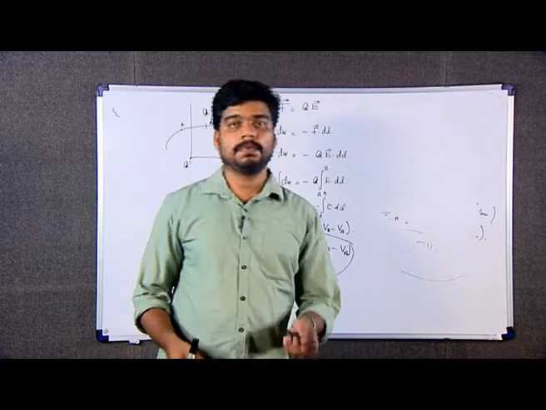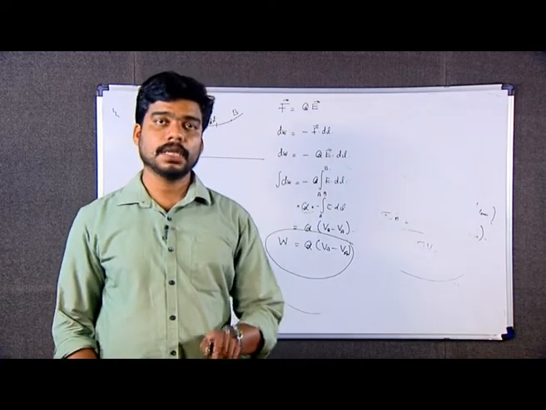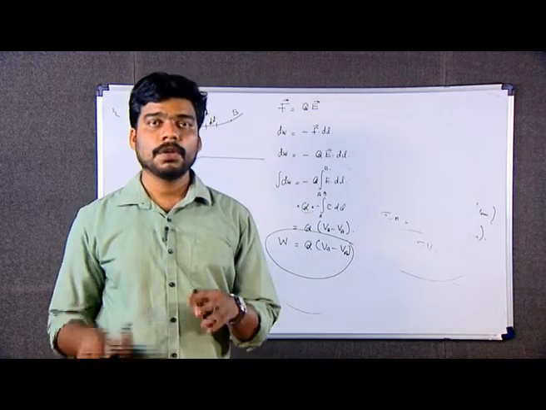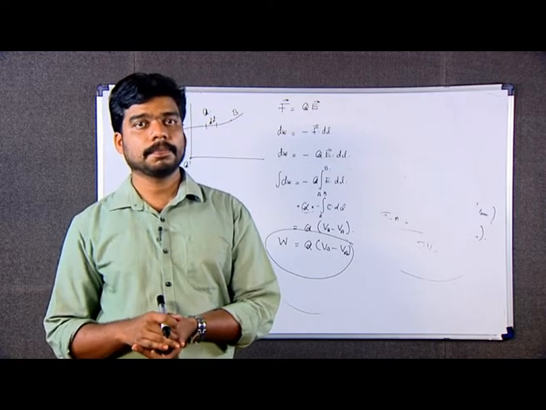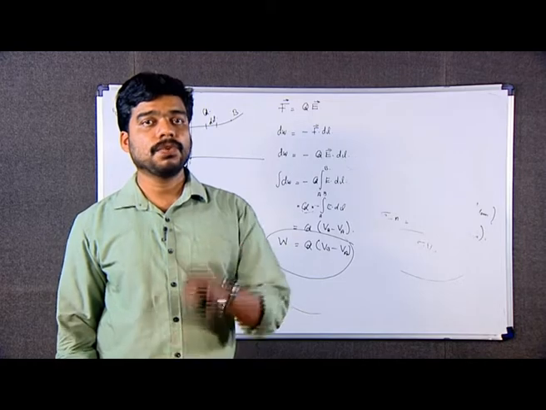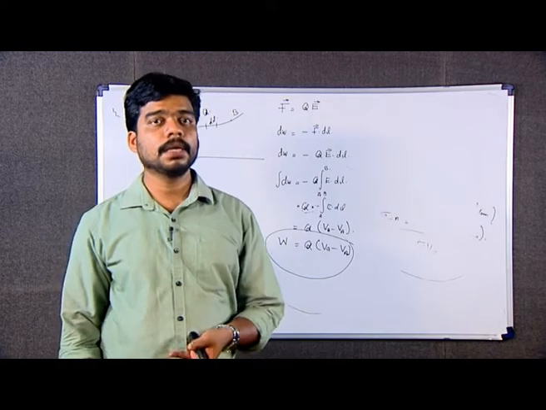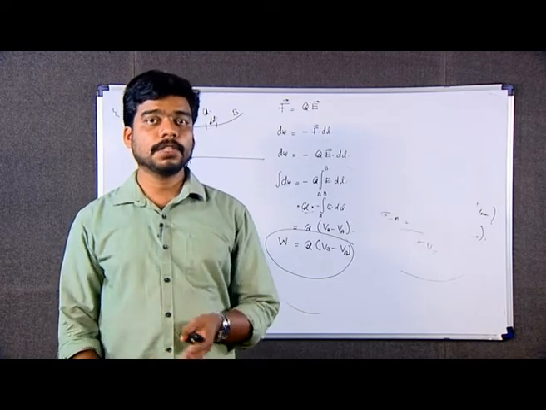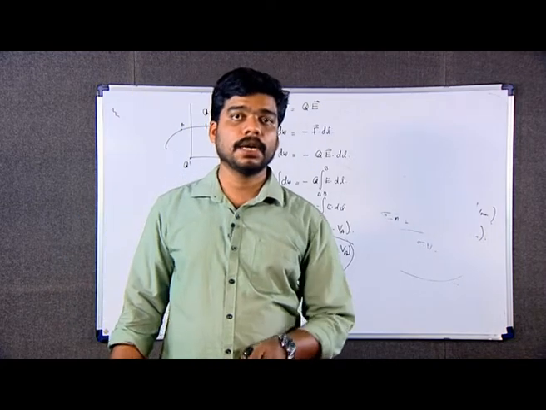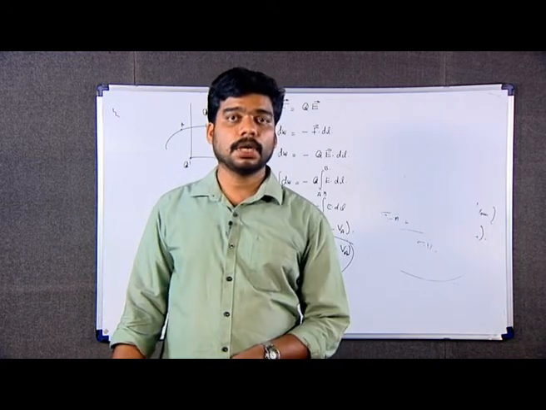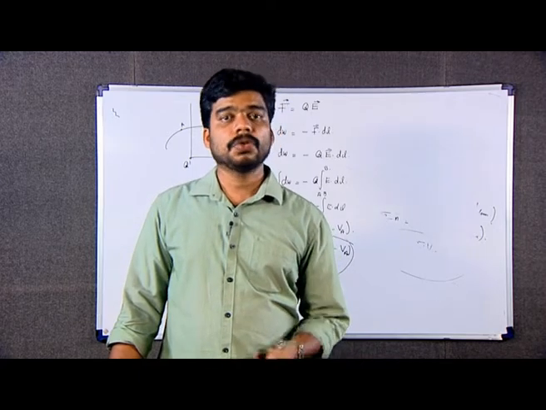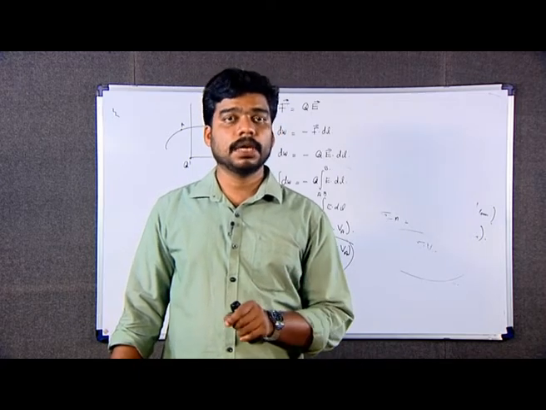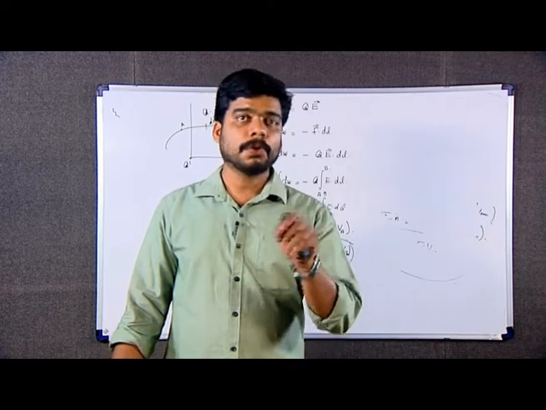If there is no potential difference, then the work done is equal to 0. We don't need to do any work to move a charge. So, Vb minus Va is equal to W by Q. So, the potential difference between any 2 points is the work done in moving the unit positive charge between the 2 points. This is the relation between the work done and the potential difference.